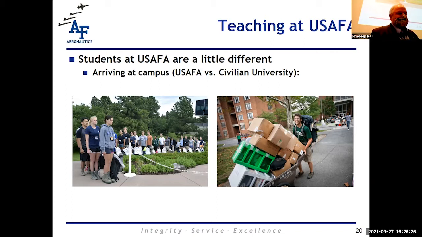So it's a little bit different when they move in. They only have one suitcase, which is basically a book bag, and that's all they can come with. They get to bring more stuff later, but not when they first arrive.